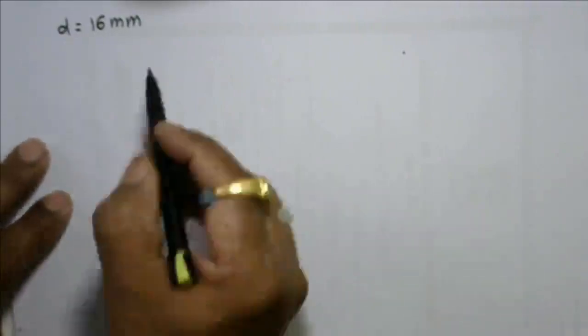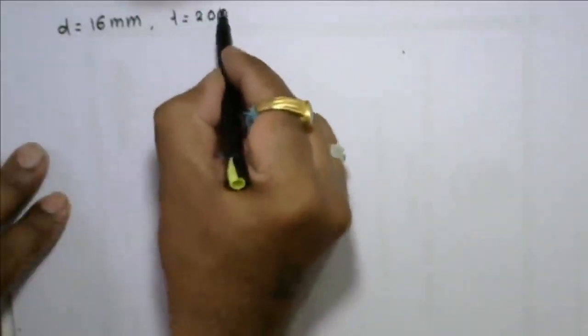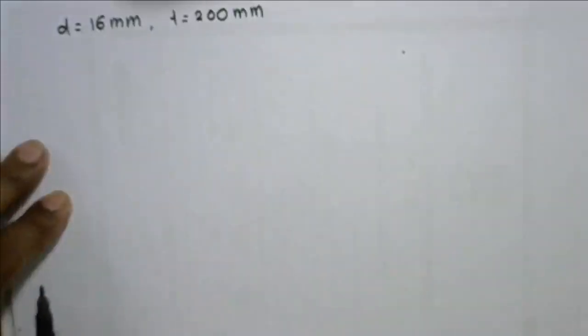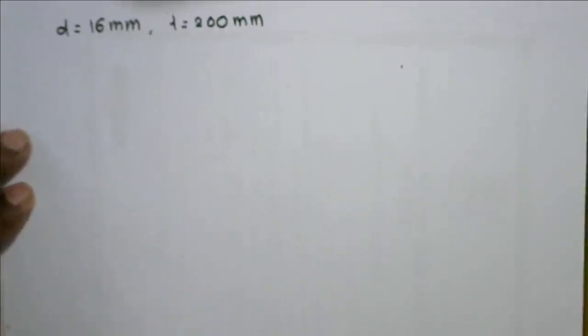Gauge length, that is L, is equal to 200 mm. Diameter at neck: in the last problem it was given as diameter at failure, here it is given as diameter at neck. That is useful to calculate the decrease in area.